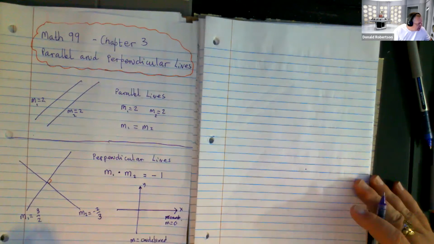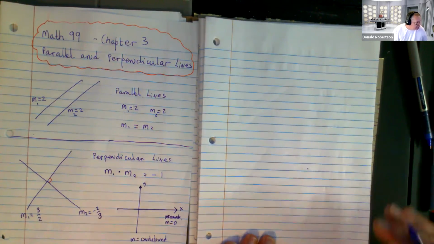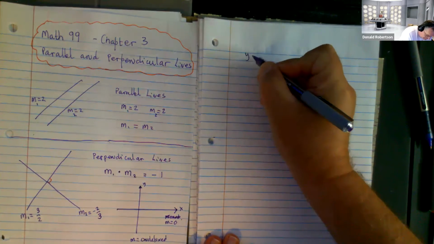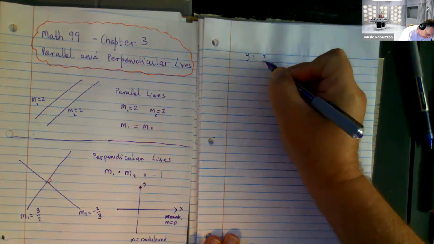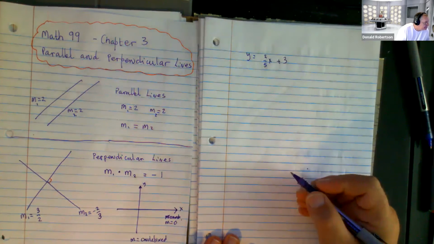So that's what we're going to look at first, which is questions that say, here is a line, here is its slope. Give me the slope of a line that's parallel to it, or give me the slope of a line that is perpendicular to it. So suppose I have a line, y equals 2/5 x plus 3.